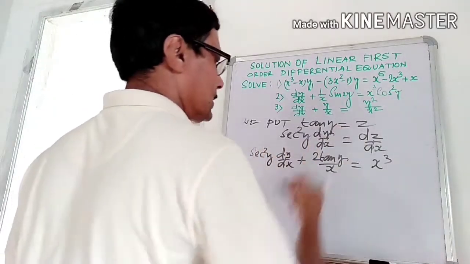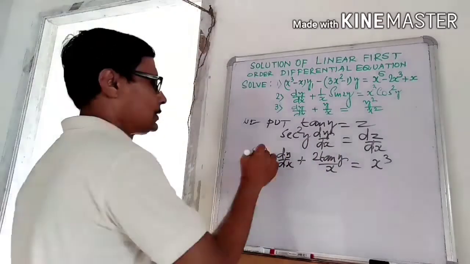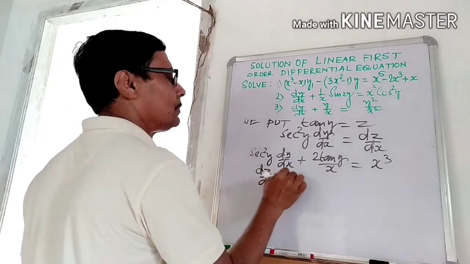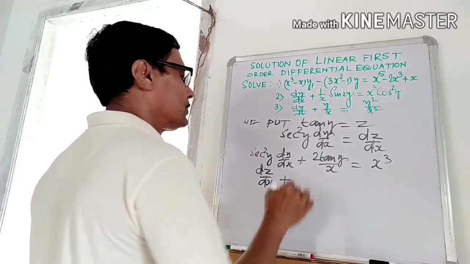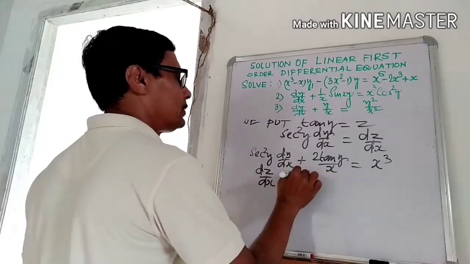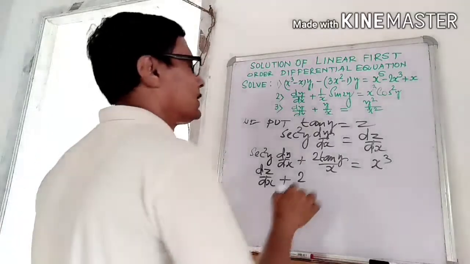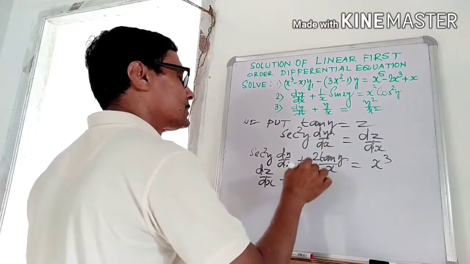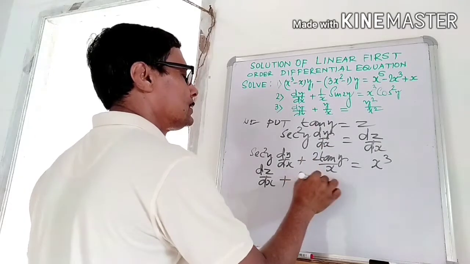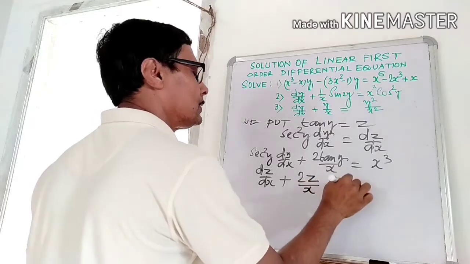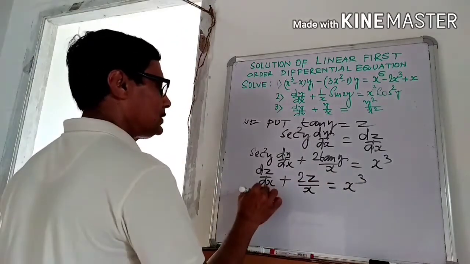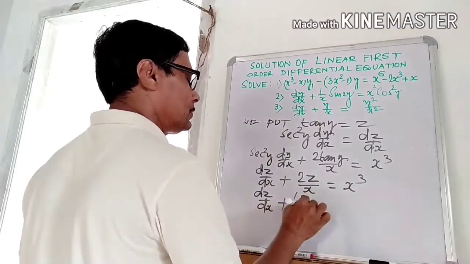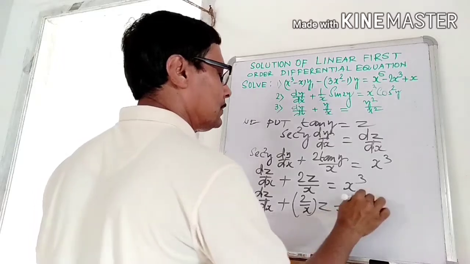We get dz/dx plus 2 by x z equal to x cube.